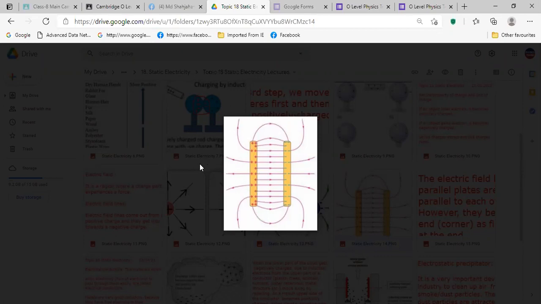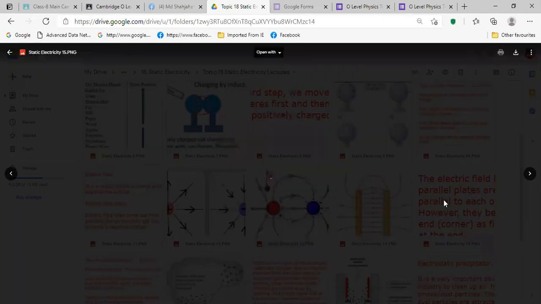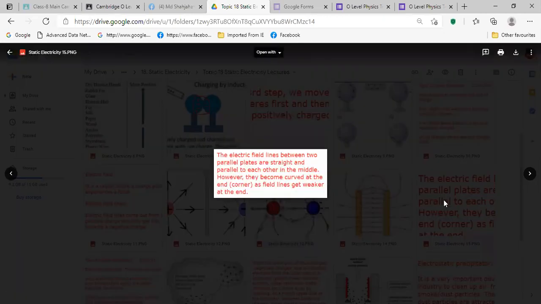Yes, sir. So here, why is it behaving like this? We have the explanation here. You please read here, Maimuna. The electric field lines between two parallel plates are straight and parallel to each other in the middle.